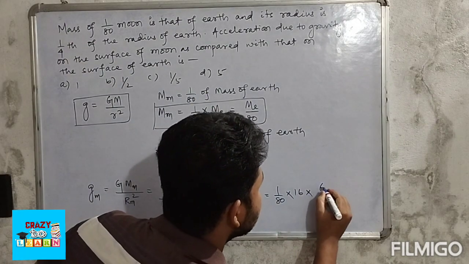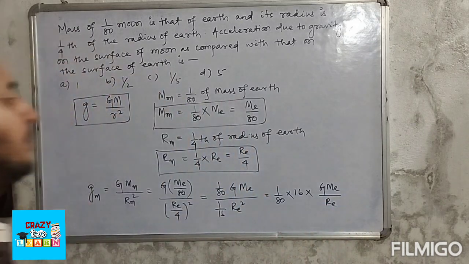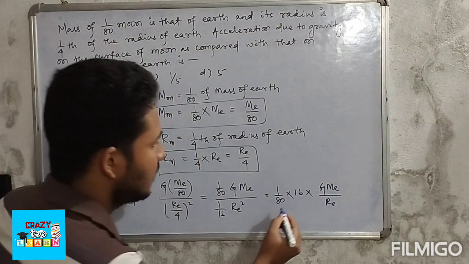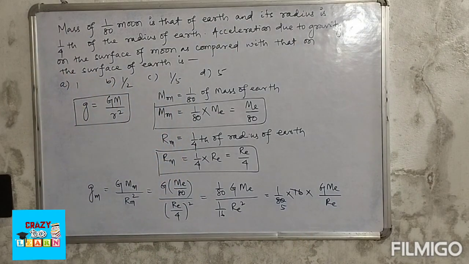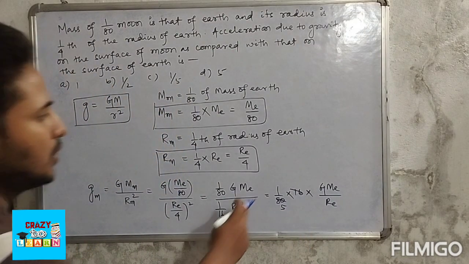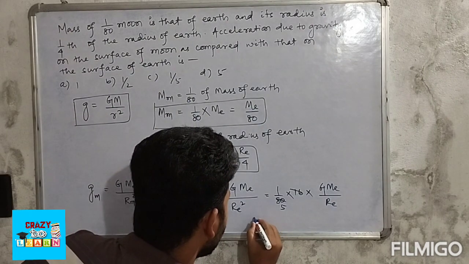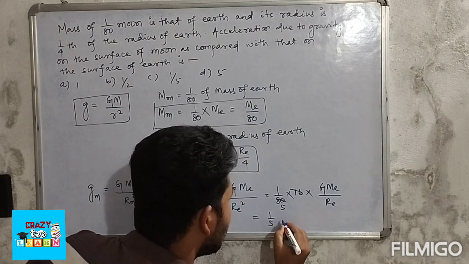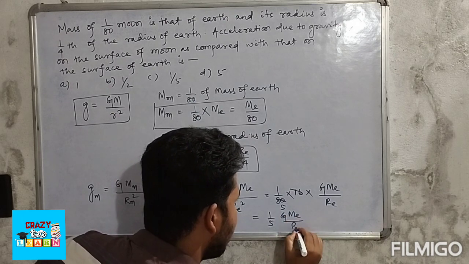Then G Me by Re square. So 16 into 5 is equal to 80. So when you cancel we will get 5. So what are we getting here? 1/5 of capital G Me by Re square.